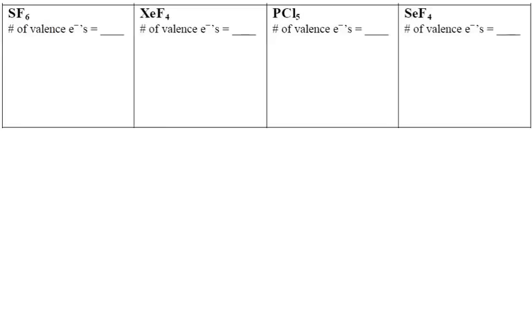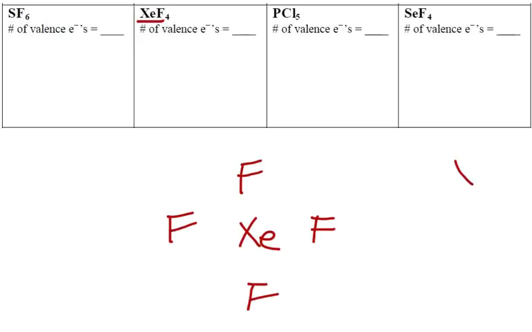For xenon with 4 fluorines, I'll do the same thing. So here's xenon, and I'll put my fluorines around the outside. Now again, xenon, we know that has 8 valence electrons, and normally it doesn't make bonds, but xenon is so large it actually is reasonable to make bonds out of this.